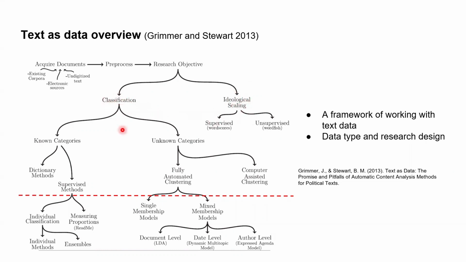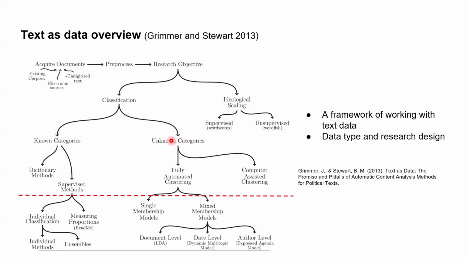For classification, you can use known categories or unknown categories. It actually corresponds to supervised or unsupervised. Everything below here, they actually share a lot of similarities. They do not differ too much. Like known categories, if you use a machine learning algorithm, it will be a supervised machine learning algorithm, right?